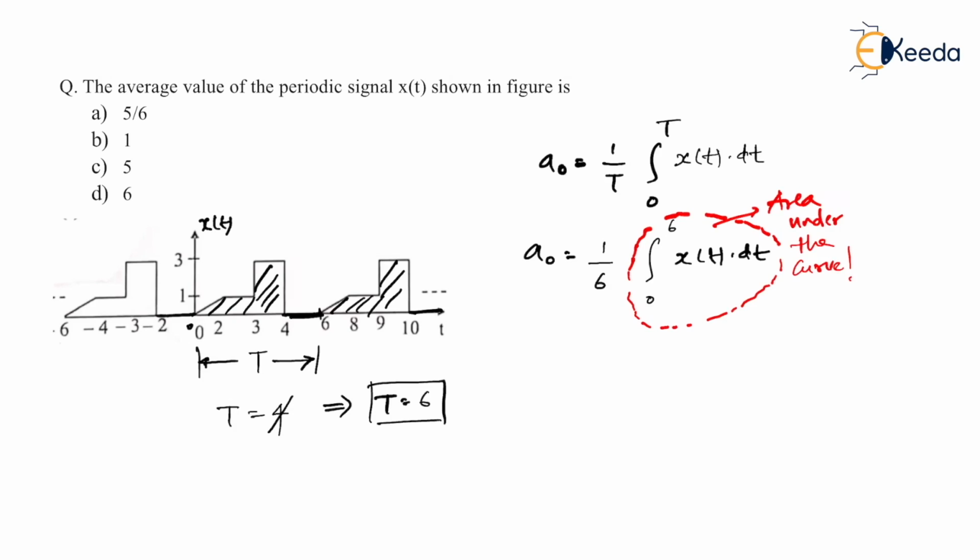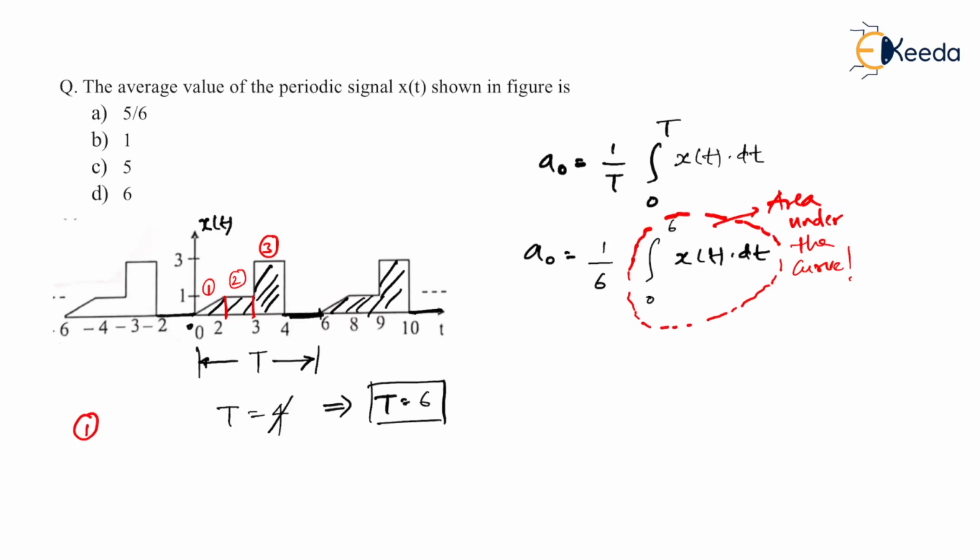So we know that since integration is the area under the curve, and looking at the figure, when it is possible to get the area easily, you should not go for integration because it is going to save your time. So I can do it like this. Okay, so I got one triangle and two rectangles. Am I right? So let's see. I'll say this is portion 1, portion 2, and portion 3.